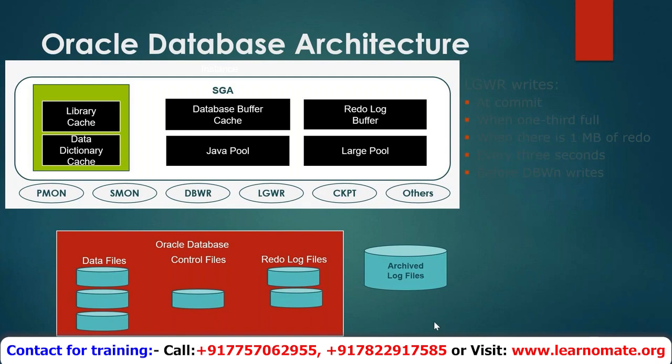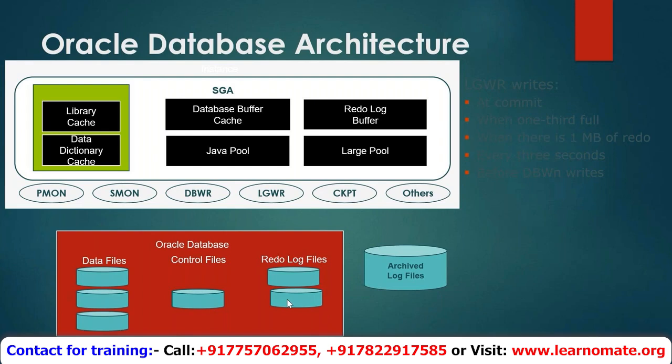So redo log files, or the backup of redo log files, which are archive log files, contain the changes being made to the database. Whatever changes are made to the database are recorded into redo log files or archive log files. These are called the transaction logs of the database.